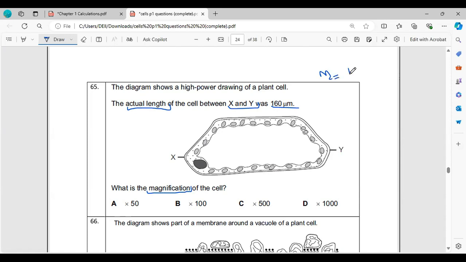They have already given you the actual size, so you do not need to worry about it. What you need to worry about is your image size. So how are we going to calculate image size? It is by placing your scale between X and Y, and then you'll measure the length. So this is going to be your image size.